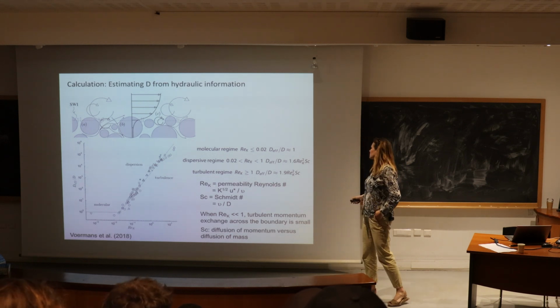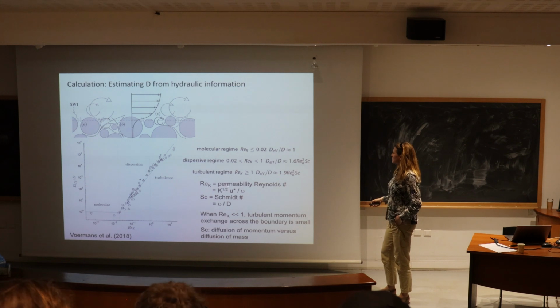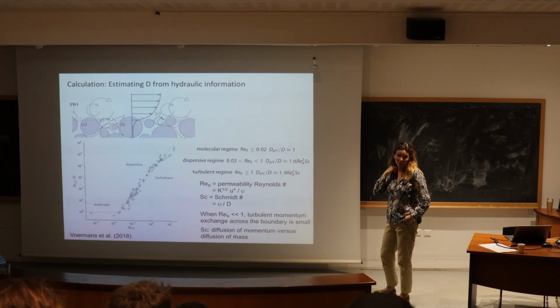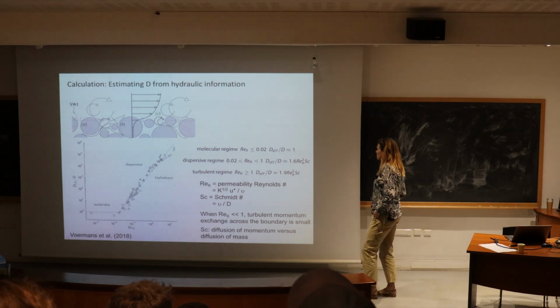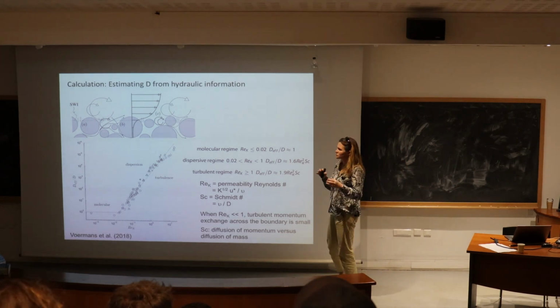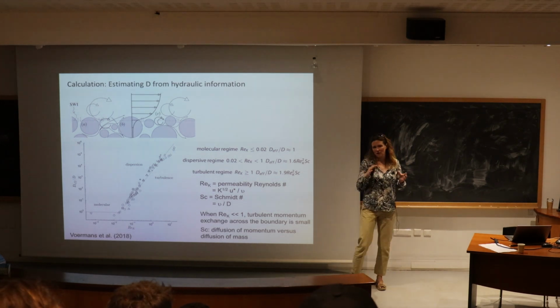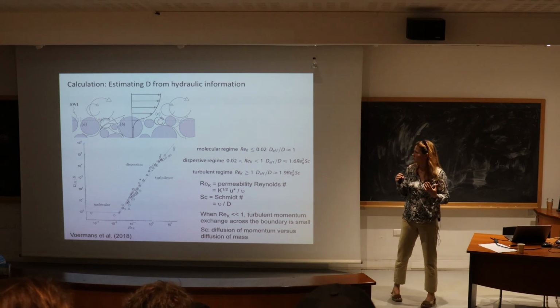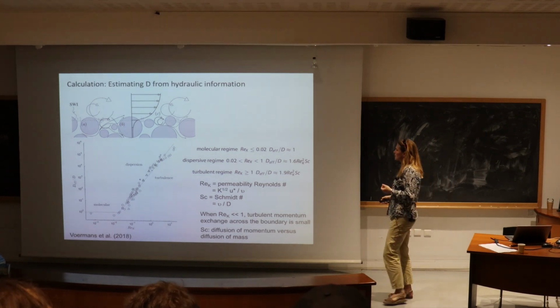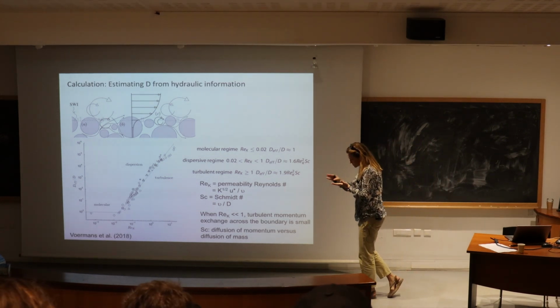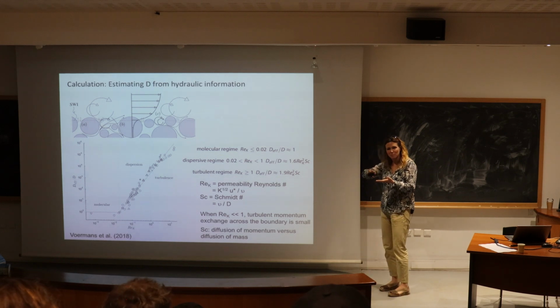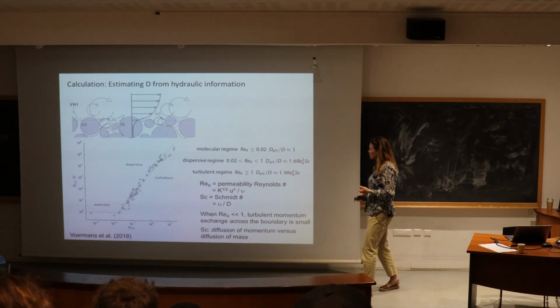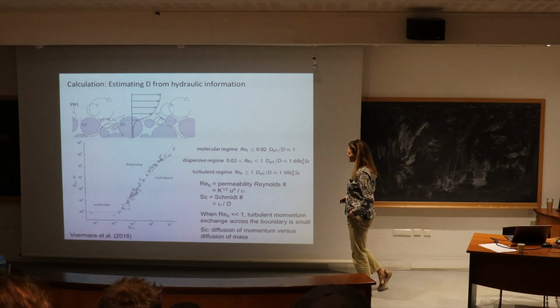And so what is the permeability Reynolds number? It depends on the permeability of the stream bed and the shear velocity in the surface water. And so this is really giving you a sense of how things are mixing with depth in the stream bed as you get more and more vigorous current bed interactions for different permeabilities.